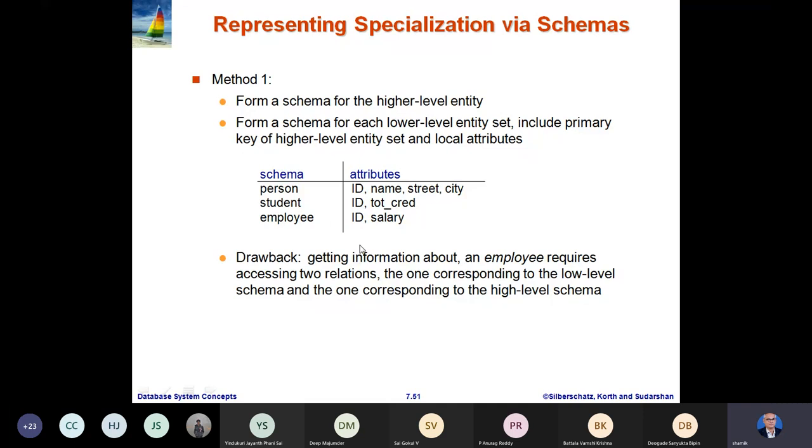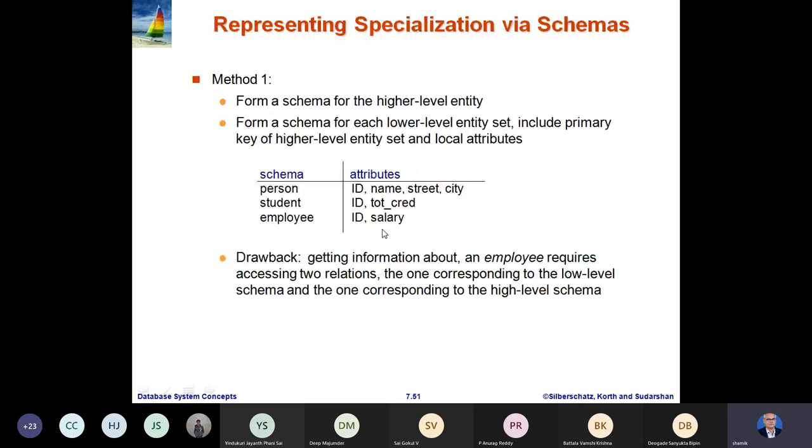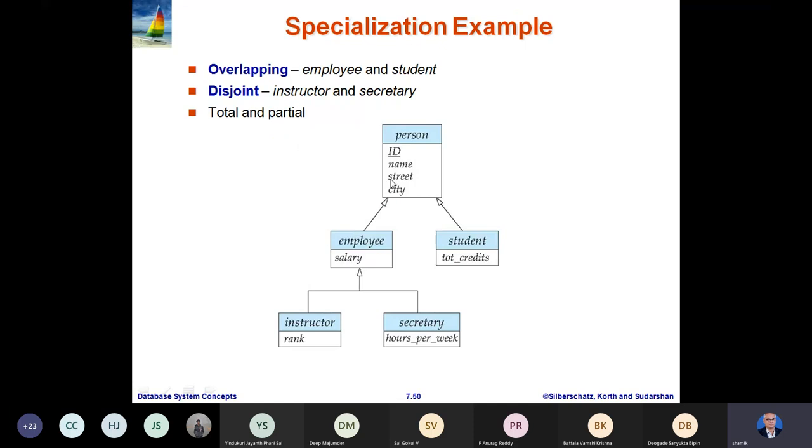But one drawback is that if I want to get complete information about an employee, then I have to get part of the information from person, so ID, name, street, city from person, and the remaining part, of course, ID also will be here, but typically you will also need ID with salary. But in order to get other details like name, street, city, etc., I have to get it from person.